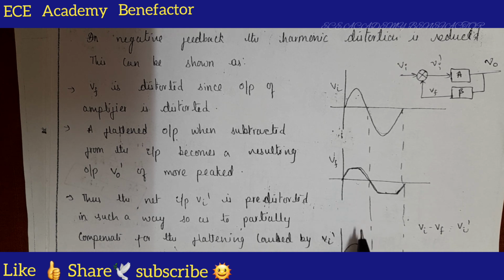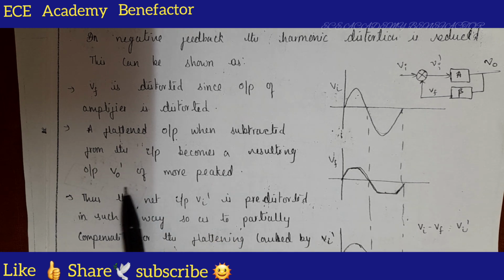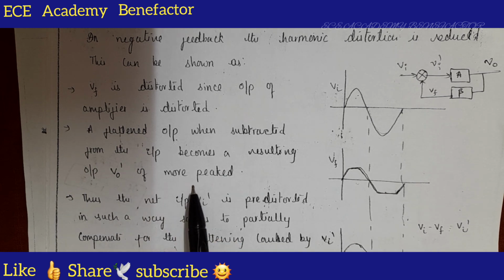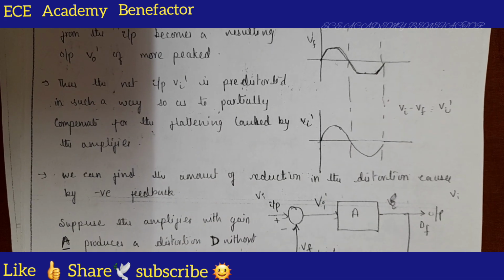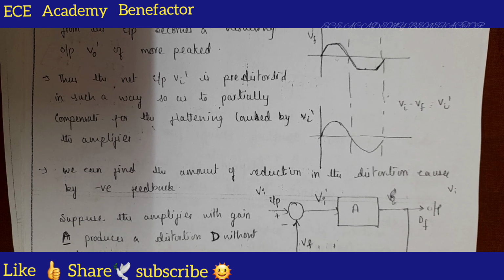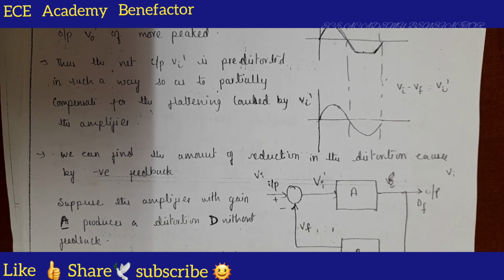A flattened output when subtracted from the input becomes a resulting output V naught dash that is more peaked. Thus the net input Vi dash is pre-distorted in such a way as to partially compensate for flattening caused by the amplifier. So now let us understand it mathematically.